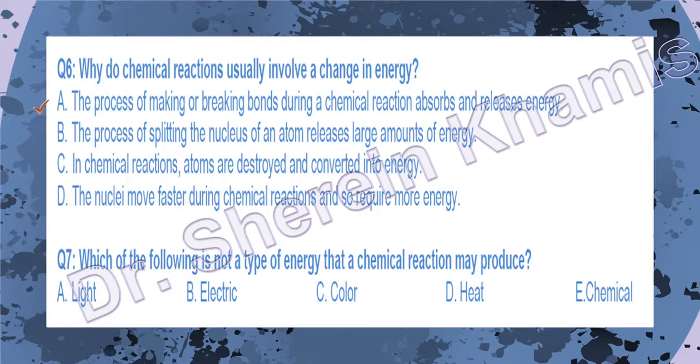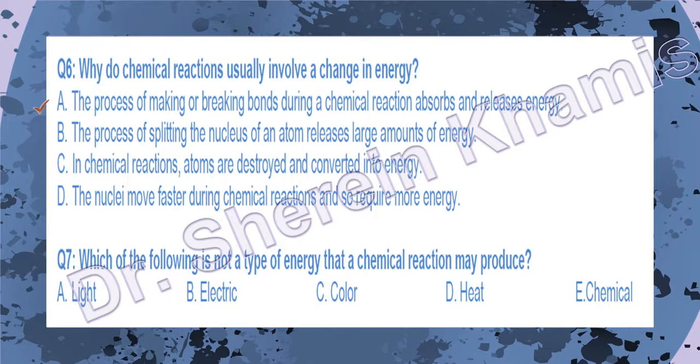We can't break down atoms as a whole, destroying them and converting them to energy. But we can make or break a bond, depending on the kind of reaction, if we want bond formation or bond breaking. This is the right answer. Let's go to question 7.